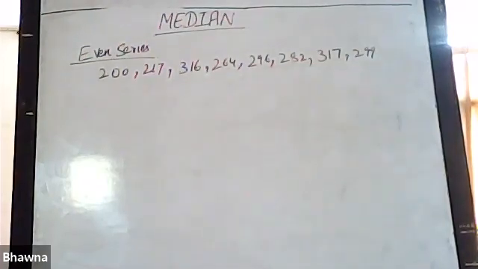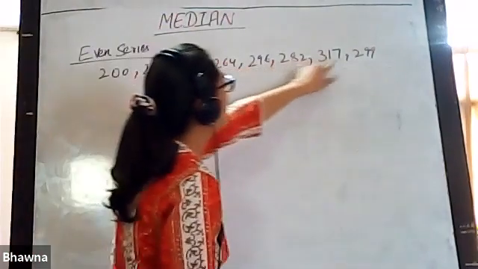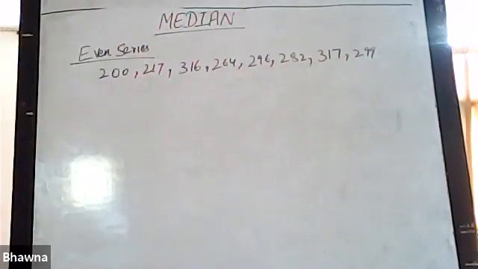whether we can solve the sum with the even series or the odd series? This is the formula to check the sum. Now we have to solve the sum with the odd series or the even series. 1, 2, 3, 4, 5, 6, 7 and 8. So there are 8 values, which lie in the even series. After that, firstly we have to arrange the data in ascending order.